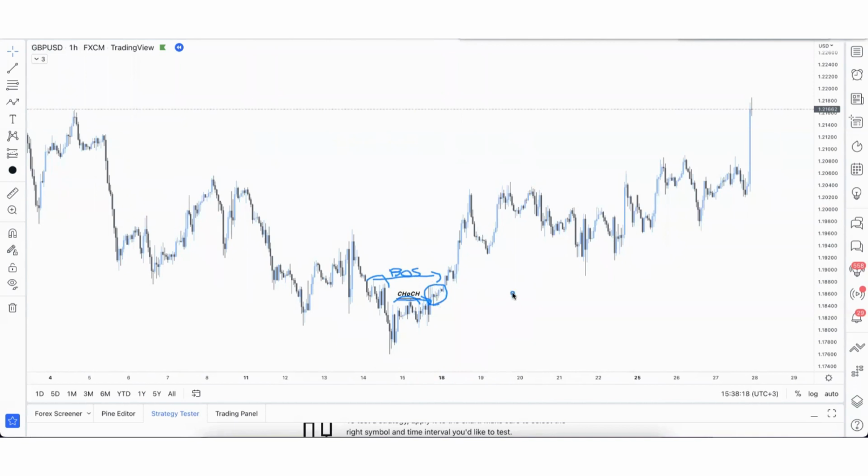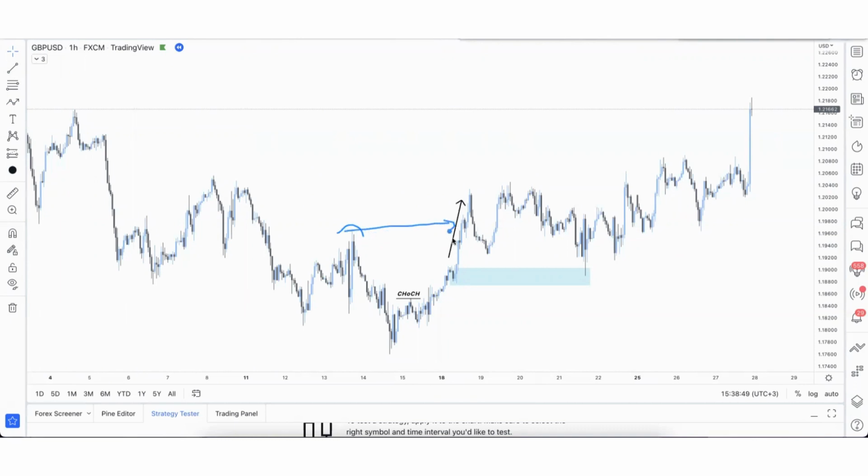And then I want to highlight this one, guys, because this demand is created because of this move. As you can see here, it is a very significant move because it breaks this high.